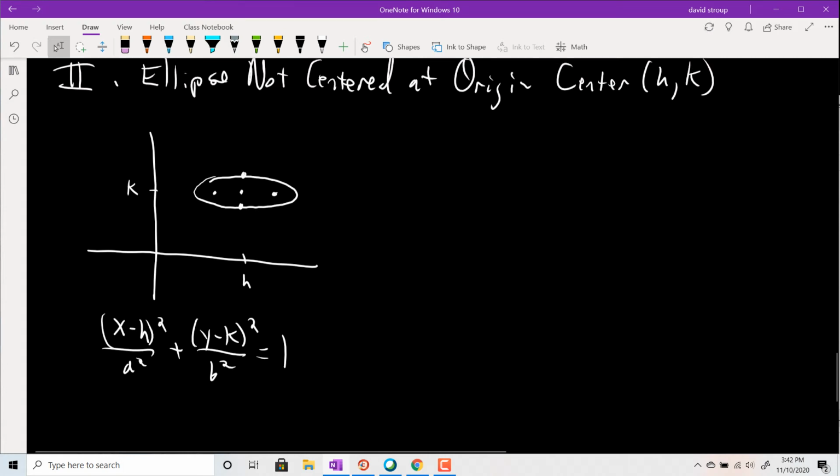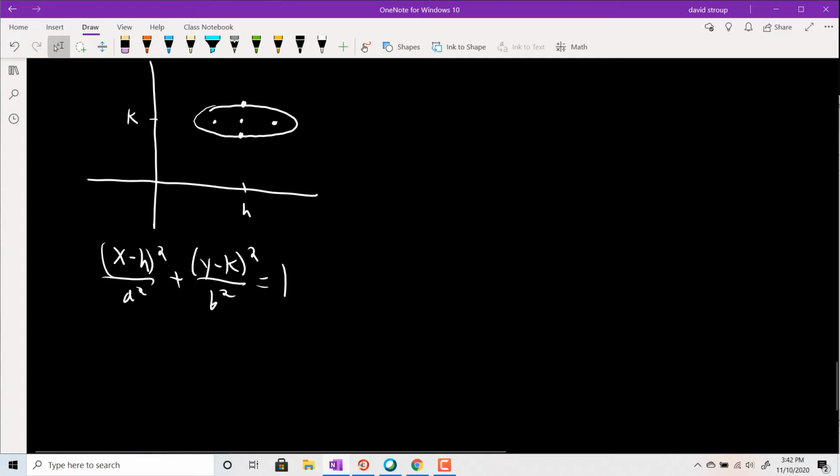Okay. So anyways, to get the vertices then, what you're going to do is kind of move from h in either direction. So the vertices, you start with the center, right? So you'll have h comma k, and then what you're doing is moving back and forth by a.